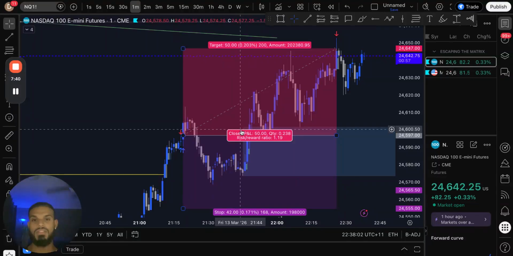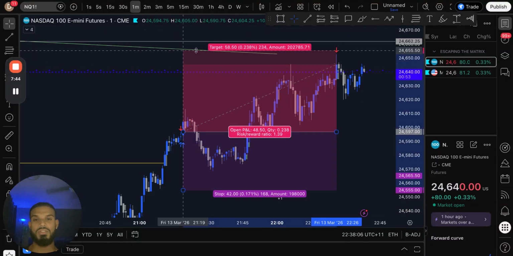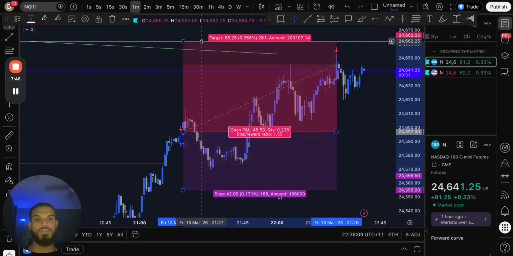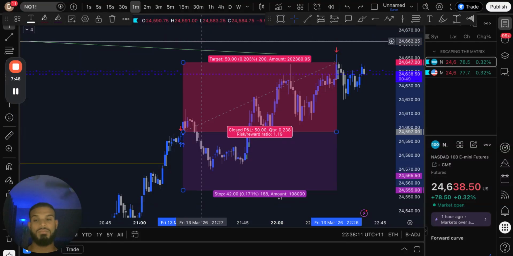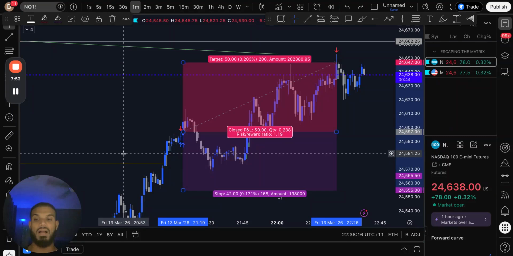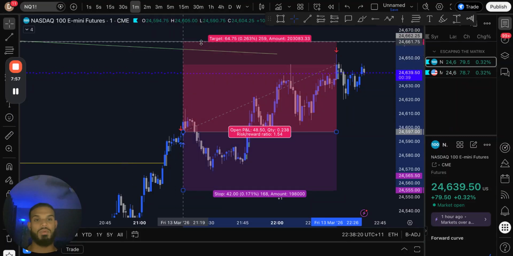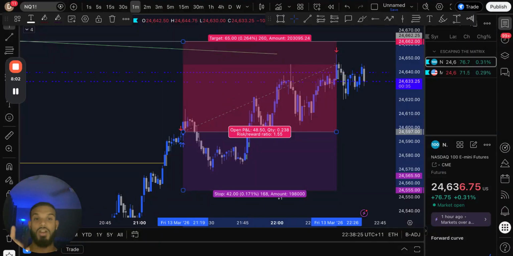So we jumped in this trade, and now you might be thinking, Dev, you said we have a clear draw on liquidity above here. Why did you not just hold? One, I already broke my rules for today, so I'm not trying to break my rules even more. Two, I was targeting more than I normally target. I normally target just 1-to-1 on a 50-point contract on 1 contract on NQ.